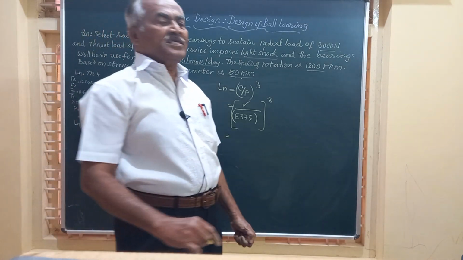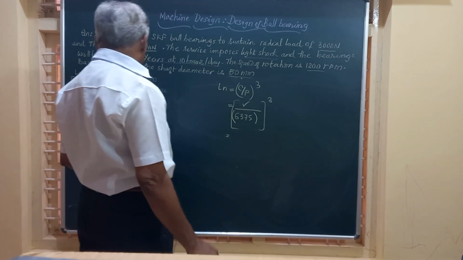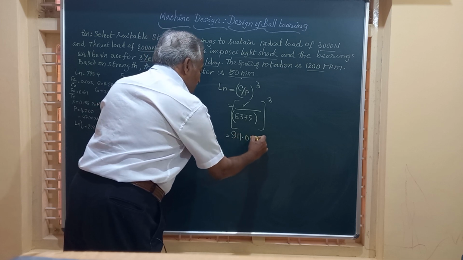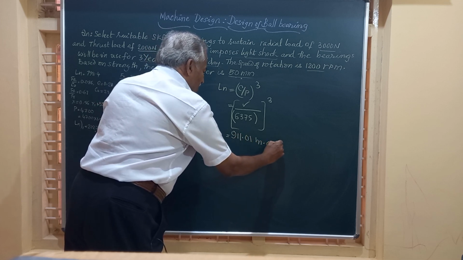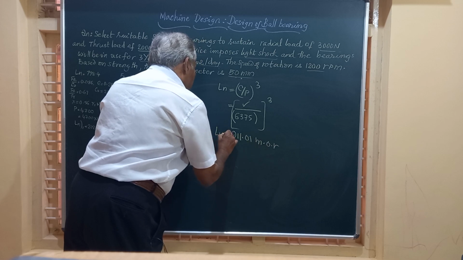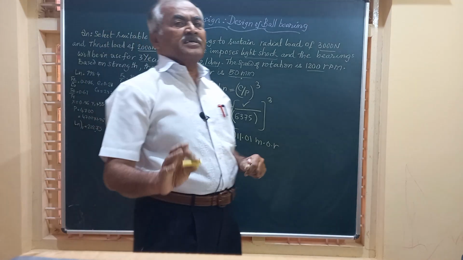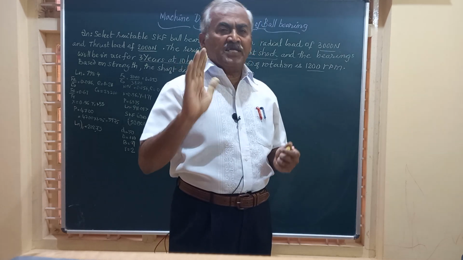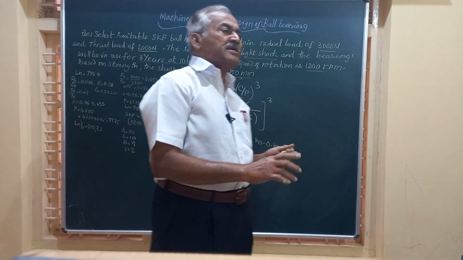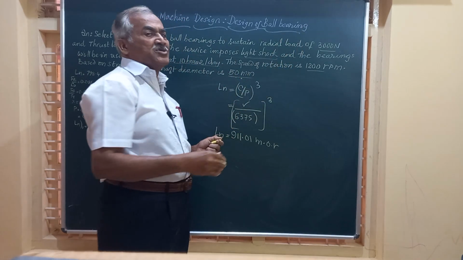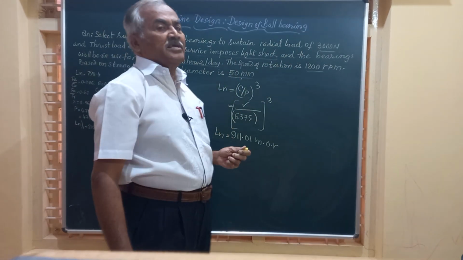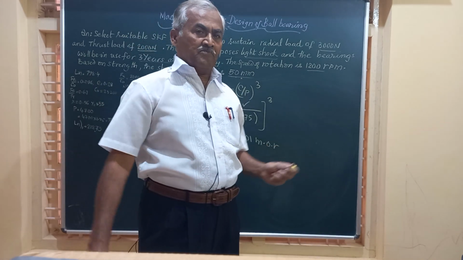And friends, in this case, this answer works out to 911.01 million revolutions. What is the meaning of this? We are analyzing the bearing 50 BC 03, and based on this load condition it will have a life equal to 911.01.